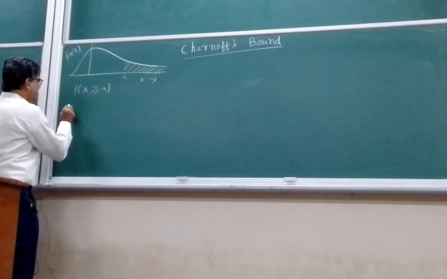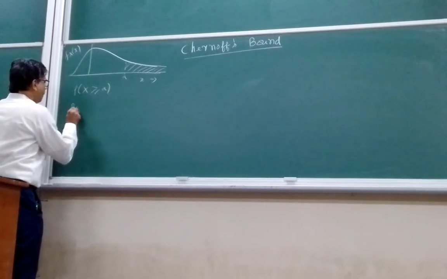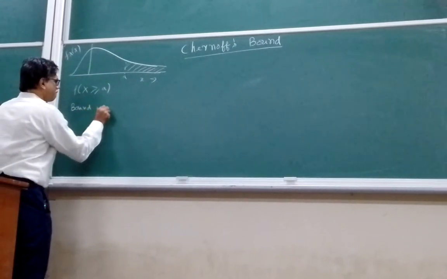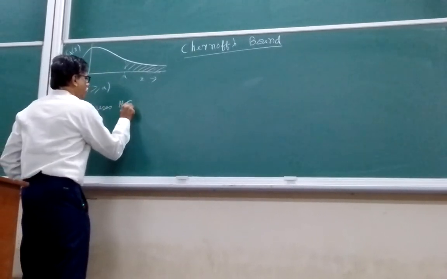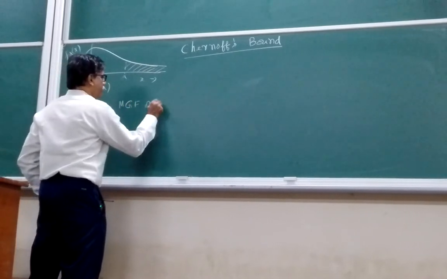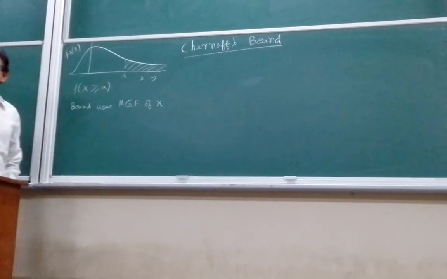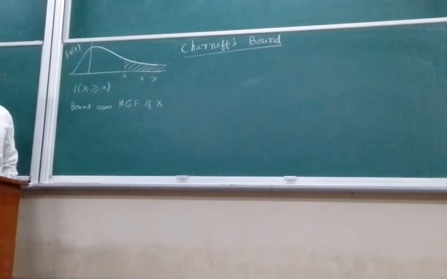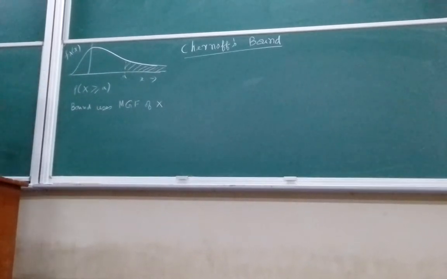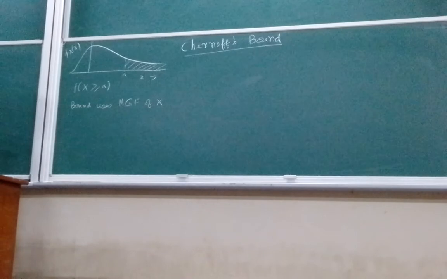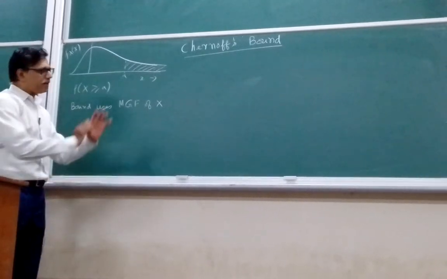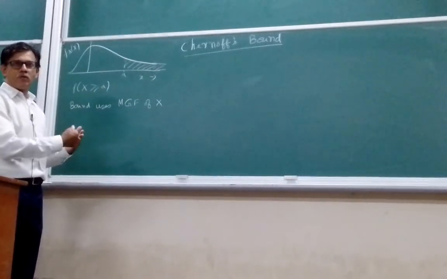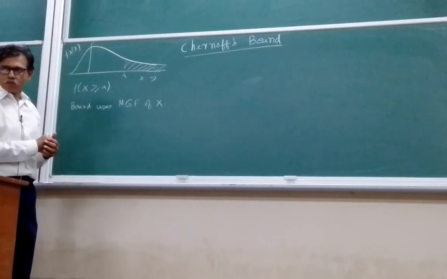The most important thing is this bound uses the moment generating function of x. Using the moment generating function, it gives the bound. So in order to look into this bound, first we look at certain ingredients that we would require in order to arrive at this bound.